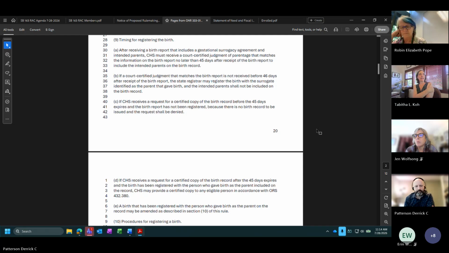I guess again, looking at how this has played out in Washington State, where we have a similar set of concerns, it's pretty unusual for parents to seek that birth certificate without a judgment, or in that case, an order. But I do see situations where the hospital is being presented with a signed contract that creates the presumption that the intended parents are the legal parents and should be reported.